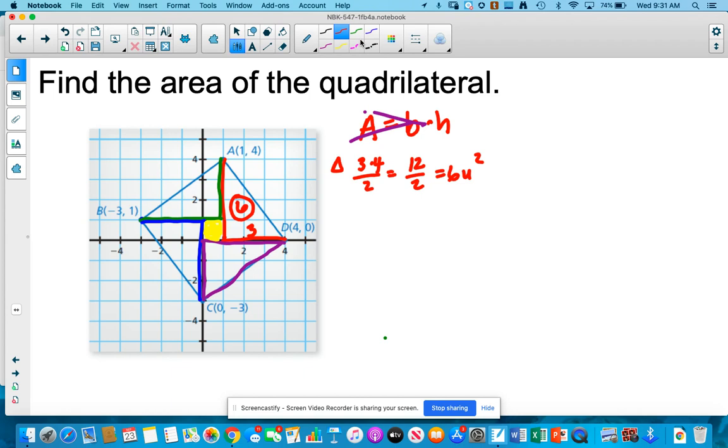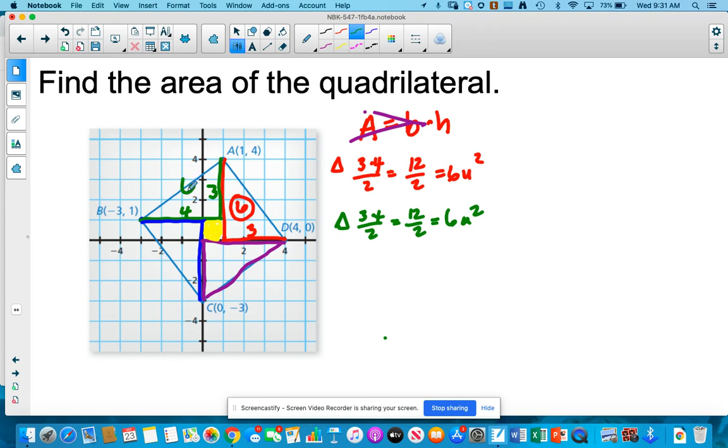Okay, so now let's move on to that green triangle. I need to find base times height divided by 2. So green triangle, 1, 2, 3 by 1, 2, 3, 4. So 3 times 4 divided by 2 is the exact same thing. 12 divided by 2 is 6 units squared.